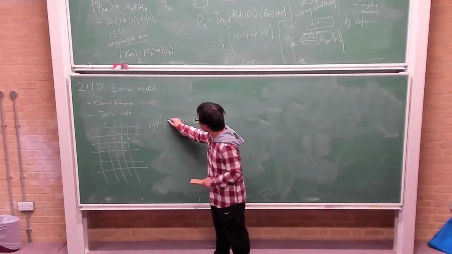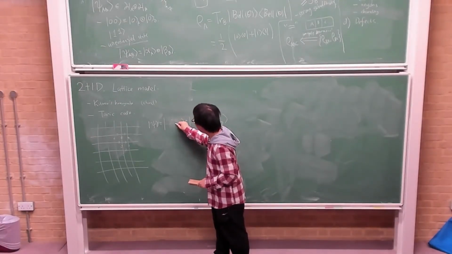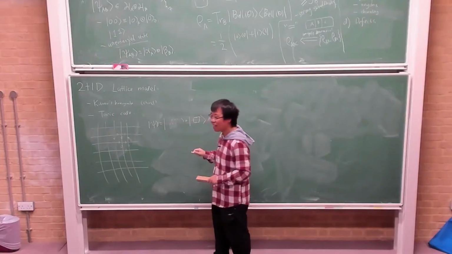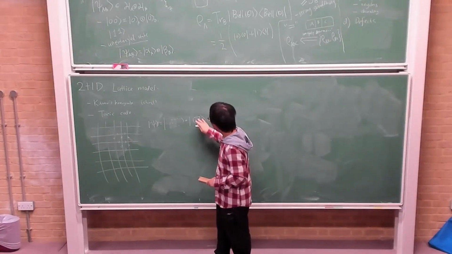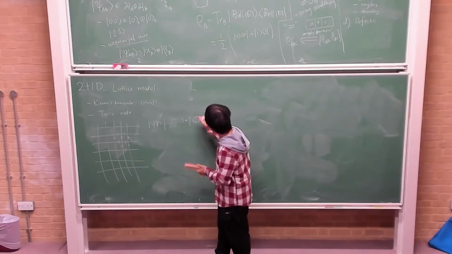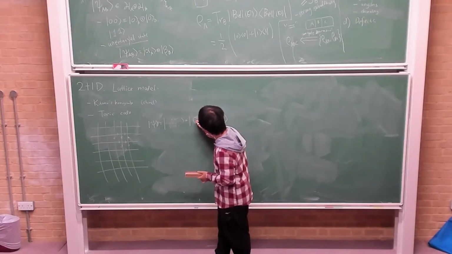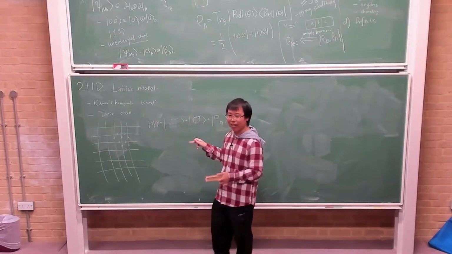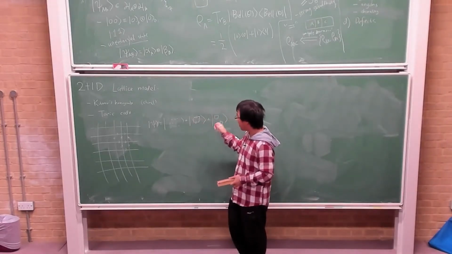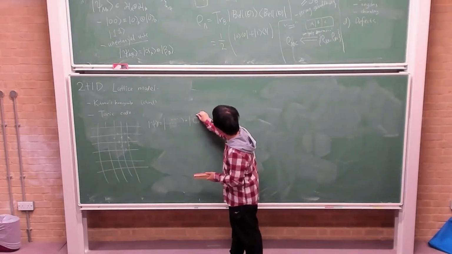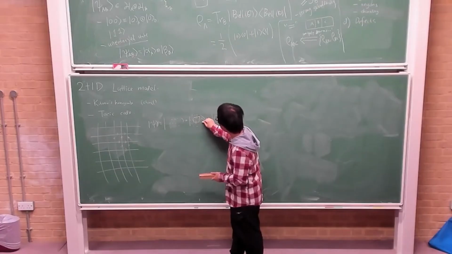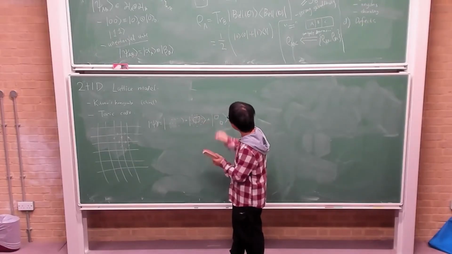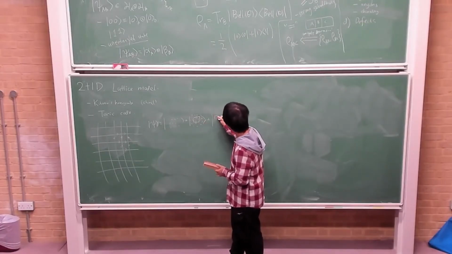This one is all 0. The convention is that whenever I draw something, that means the qubit on the links are 1. In other places it's 0, and so on.